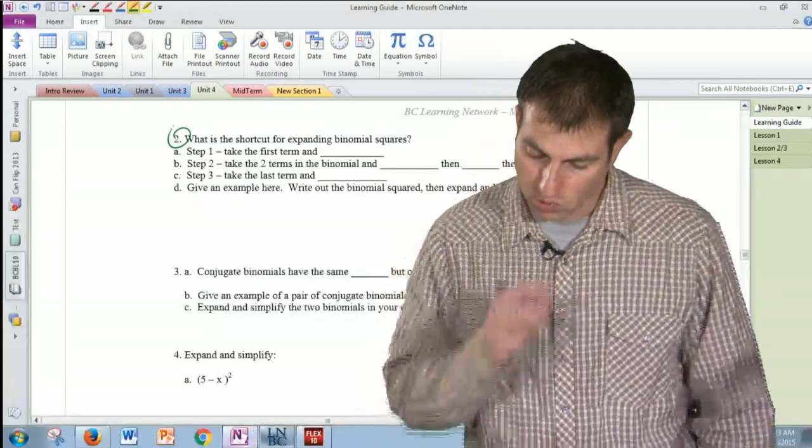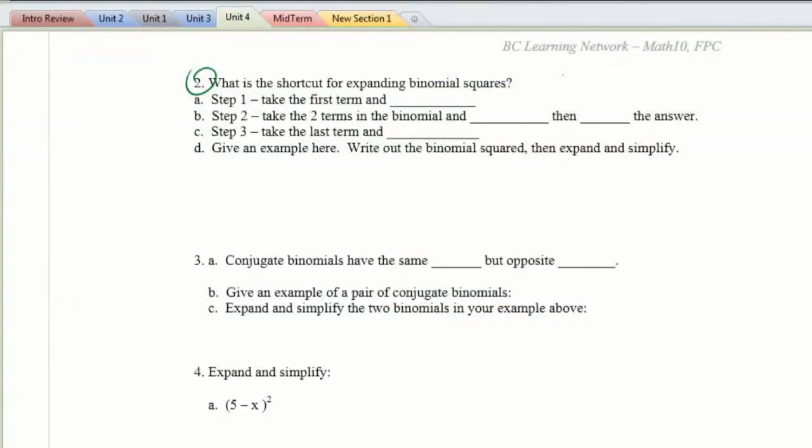All right, so binomial squares, that'd be like (2a + 1) squared. That's a binomial and it's squared. You take the first term and you square it. Take the 2 terms in the binomial and multiply and double. Take the last term and square it.